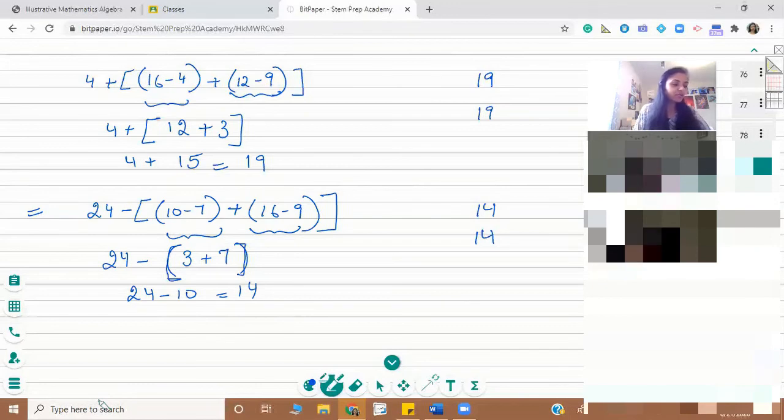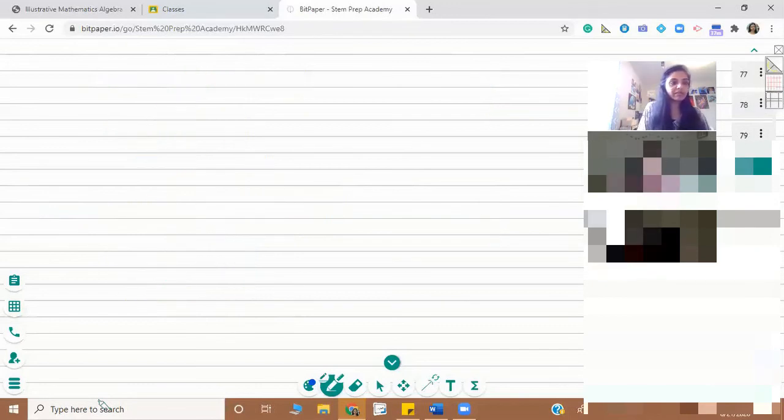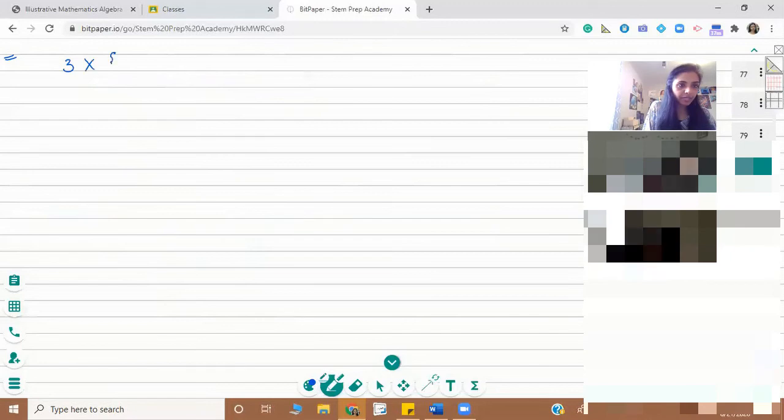Now I'm going to give you a big question. Be ready for the big question. And this is going to be your last question most likely. So 3 times curly bracket, square bracket, round bracket, 12 minus 8. Let me close this round bracket first. Times 2.